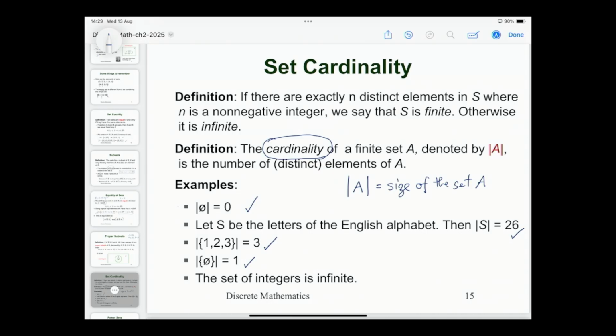See that this and this are not the same set. If the set is infinite, meaning that we cannot count the number of elements in the set, then that's an infinite set.